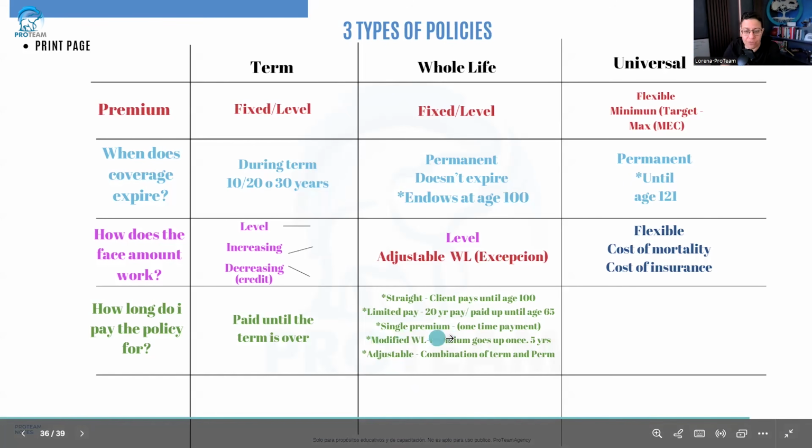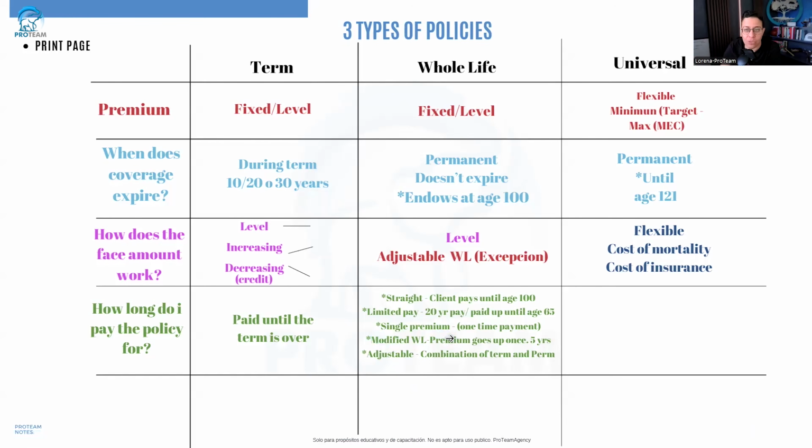In modified whole life, it does not mean that you can modify it. If you want to modify something, that's adjustable. Anytime you see modified whole life, they're talking about this one particular policy, where the premium goes up once. Most of the time you're going to see 5 years.